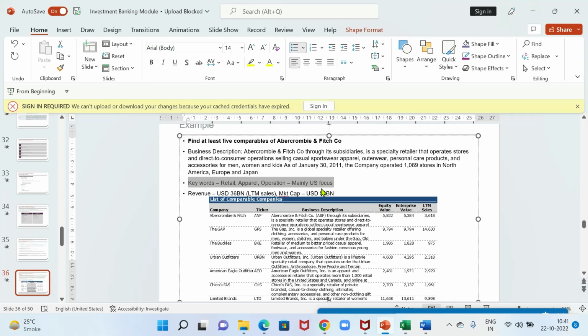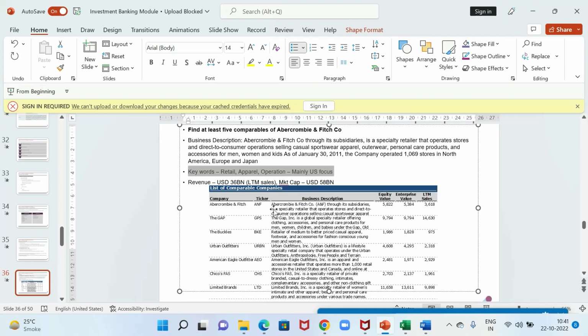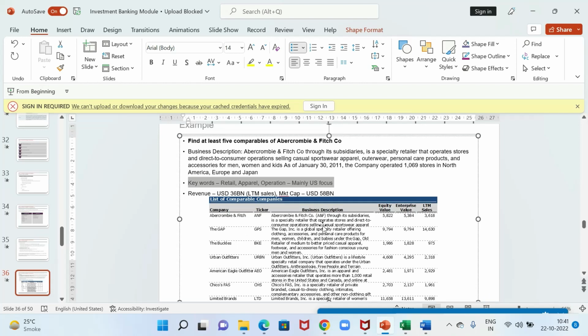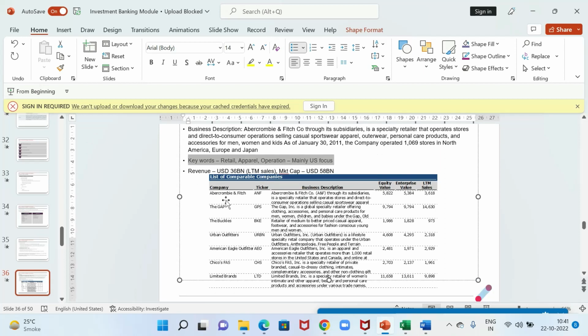Hence, we drilled it down to US focus. Now, when we added that as a filter, my main company should also be coming up in that filter if it's private players that we are comparing. Then you have other players like Gap, the Buckle, URBN, AEO, Chico's, L Brands. So these are the filters that we were getting.